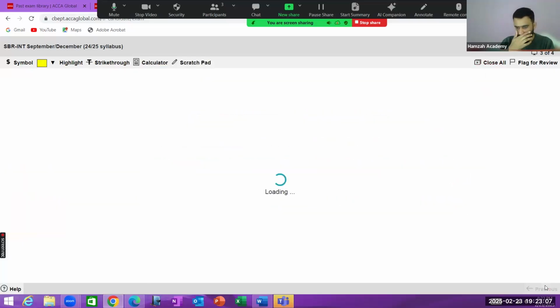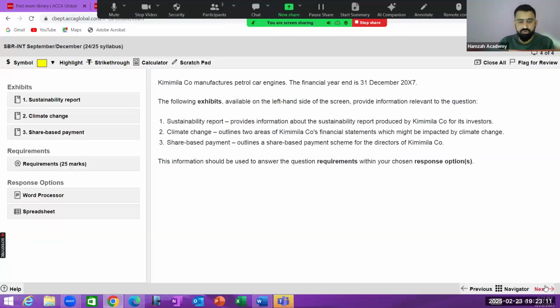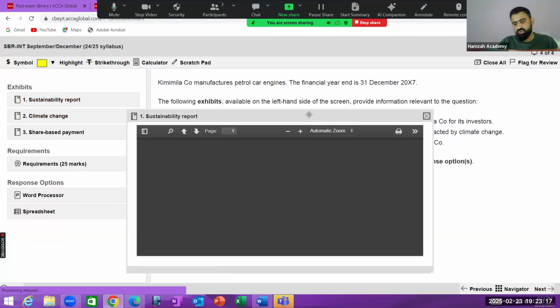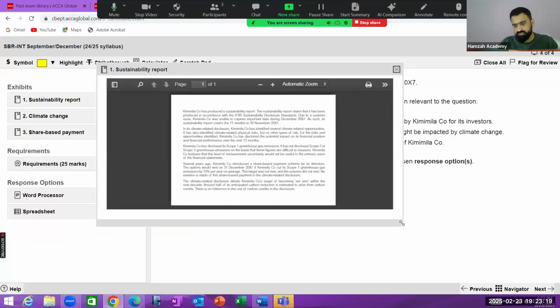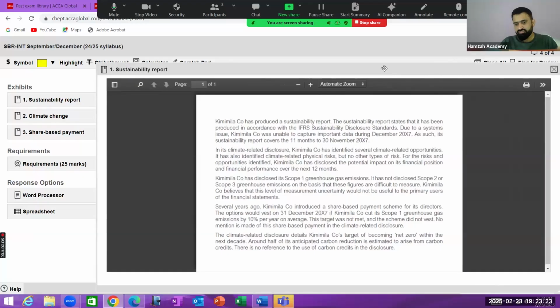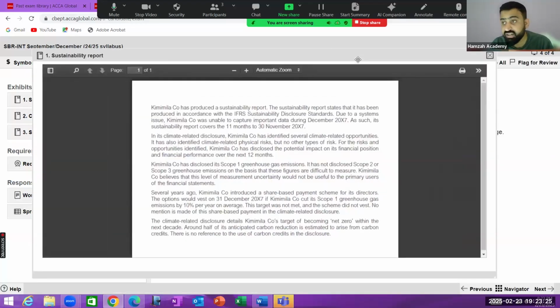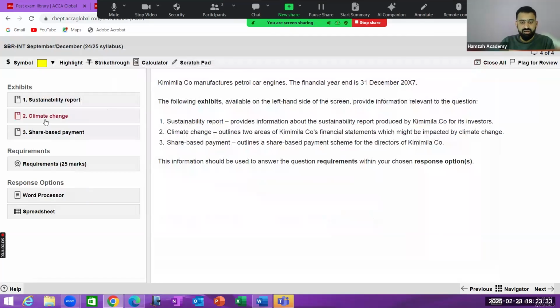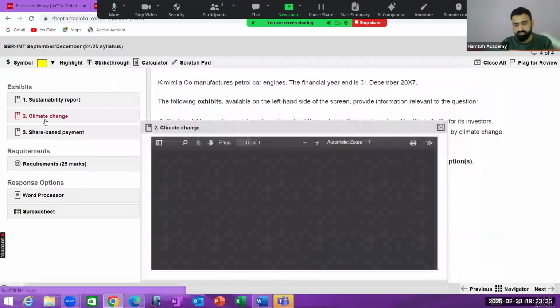And similarly, question number 4. In question number 4, we have one exhibit relating to sustainability reporting. And you know, if you have studied, we have 2 standards on sustainability reporting. Climate change.